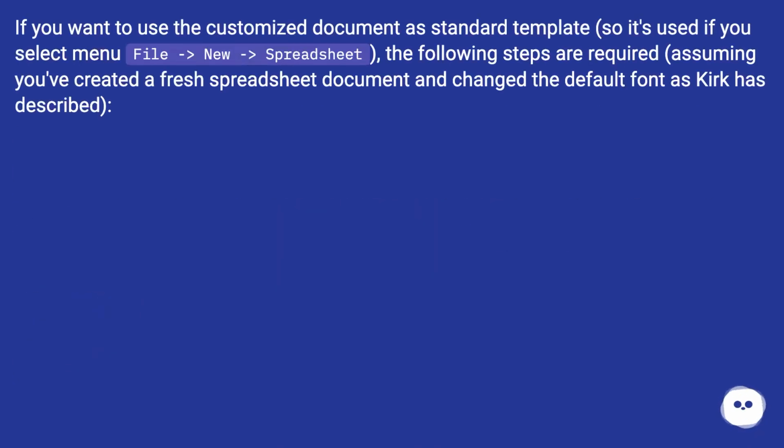If you want to use the customized document as standard template, so it's used if you select Menu File, New, Spreadsheet, the following steps are required, assuming you've created a fresh spreadsheet document and changed the default font as Kirk has described.